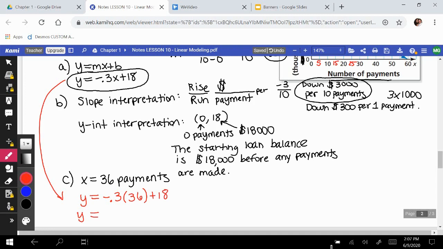So we have -0.3 times 36 plus 18. I'm just popping this in my calculator, and we have 7.2. Remember, y is written in thousands of dollars, so if I multiply this by 1,000, or move the decimal over 3 times, I would really get that a balance of $7,200 remains.